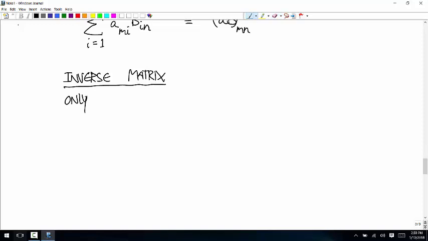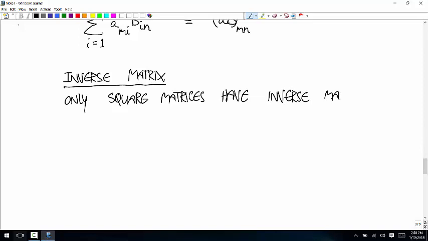Only square matrices have inverse matrices, but not all square matrices do.